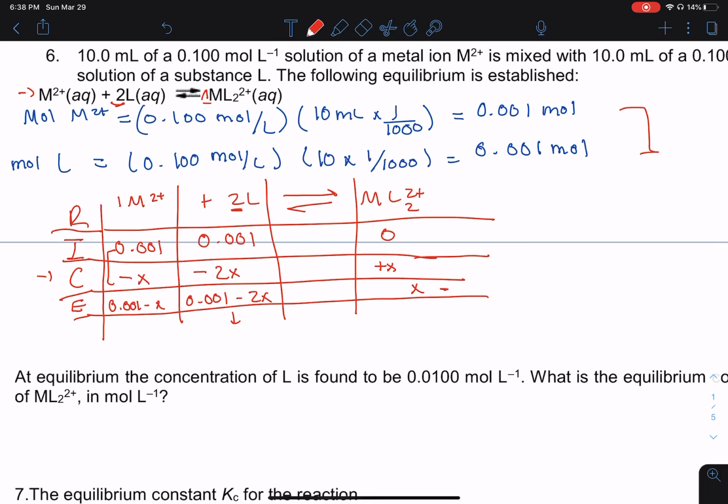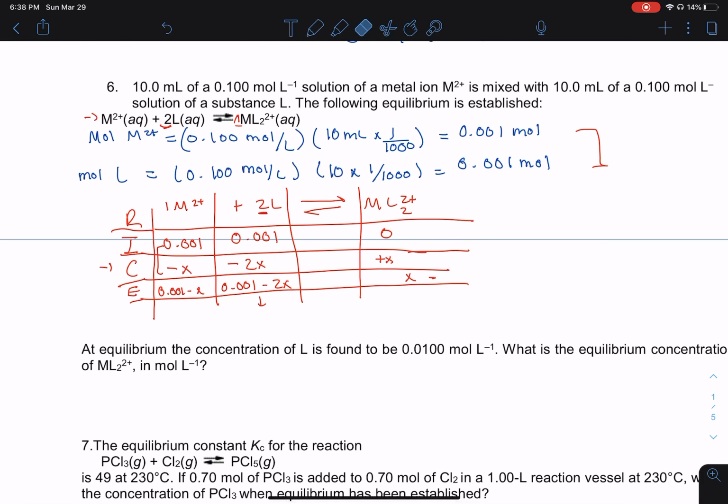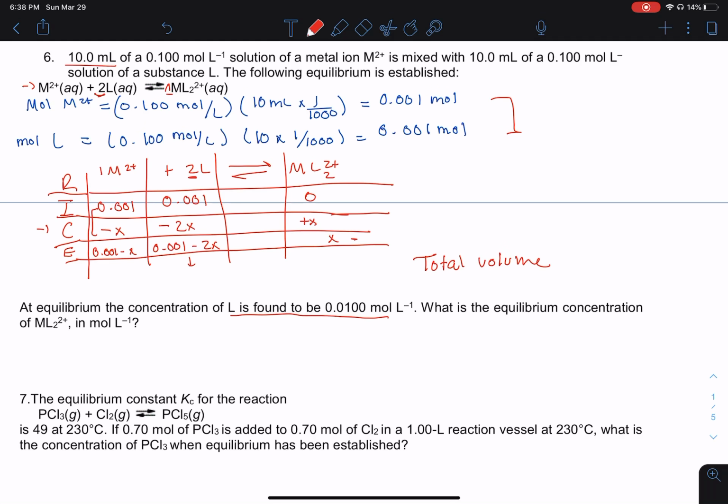It's positive. And then in the problem, it's given that the concentration of L is found to be 0.01 at equilibrium. So let's first write out that our total volume is 10 plus 10 of our reactants, which will give us 20 milliliters.